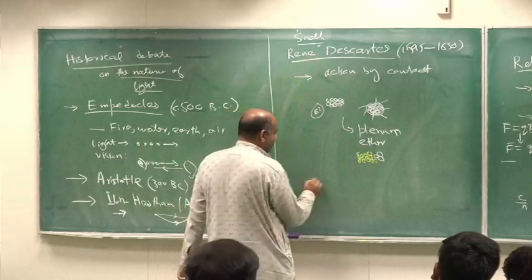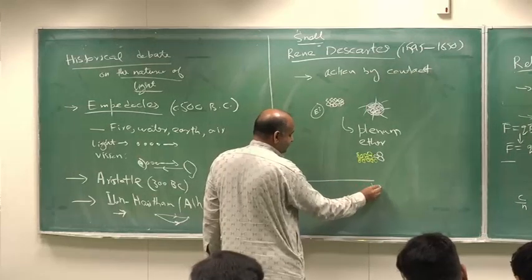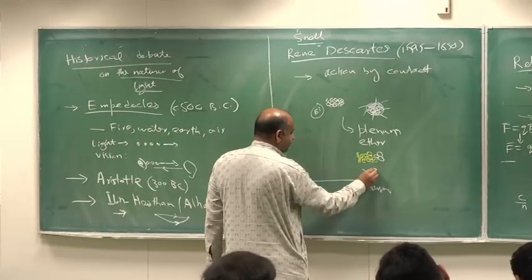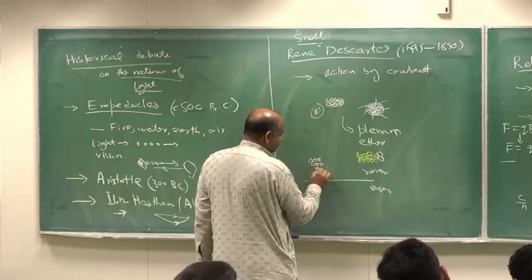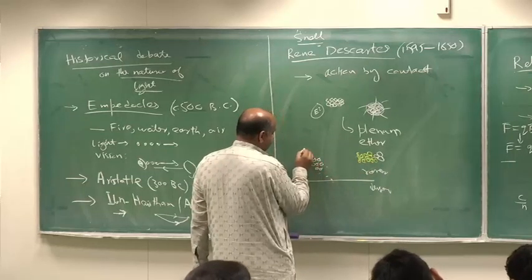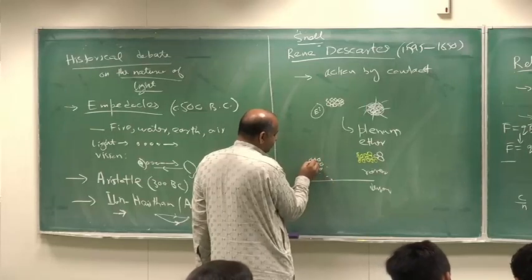How? He said, okay, let's say this is a medium. This is a denser medium. This is a rarer medium. And let's say these are the particles. And there is a light source here. So it's transmitting a pressure with a certain velocity.